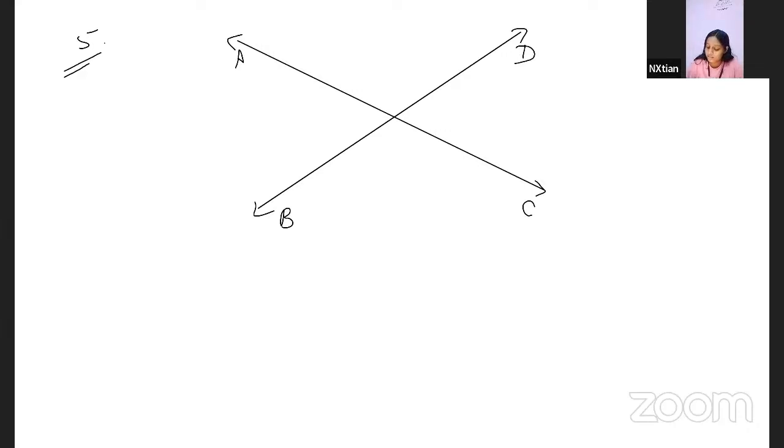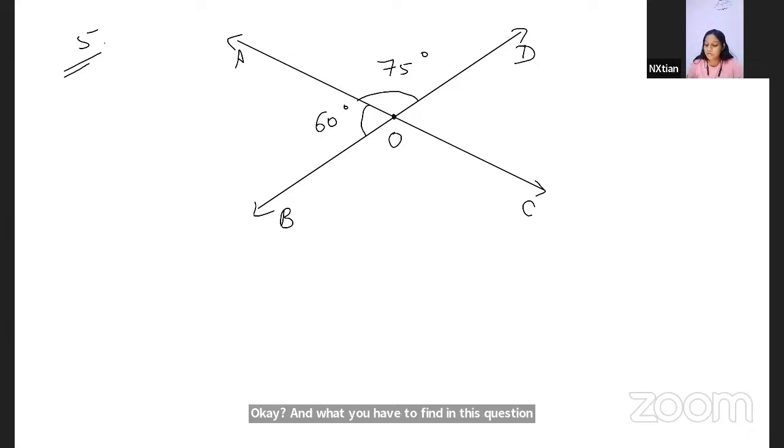Now the center point is O. This angle is 75 degrees. First see the diagram. And the side angle is 60 degrees. What you have to find in this question is the measure of this angle and this angle.